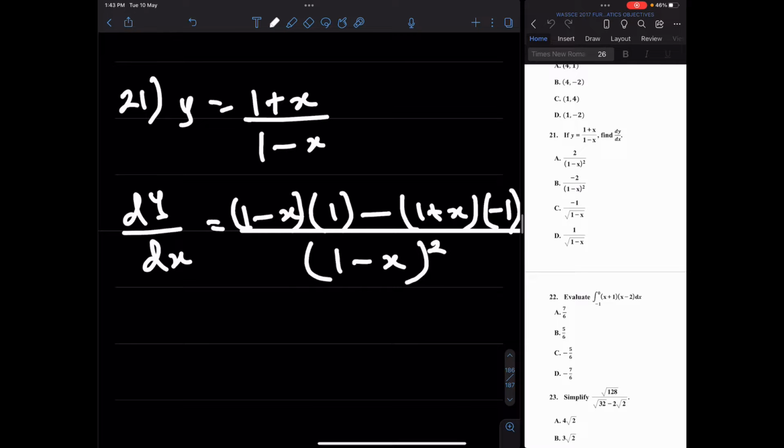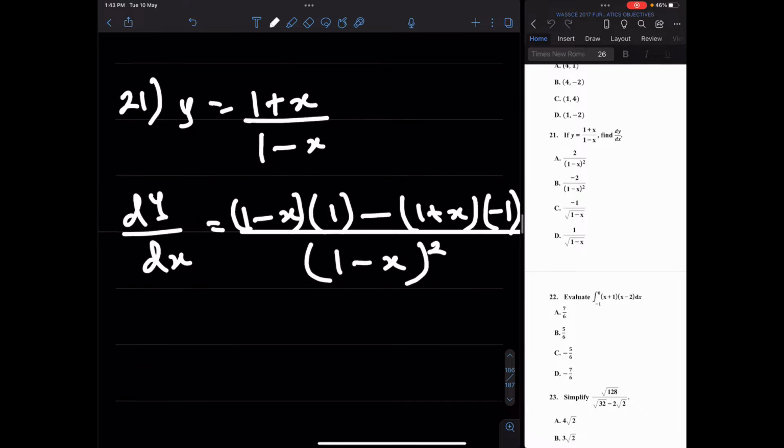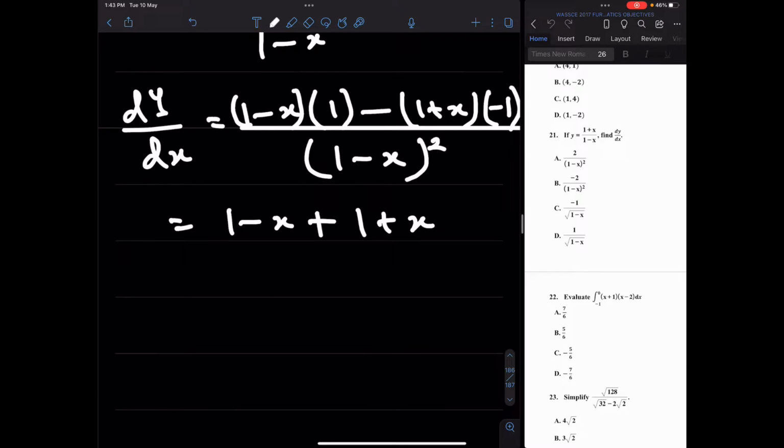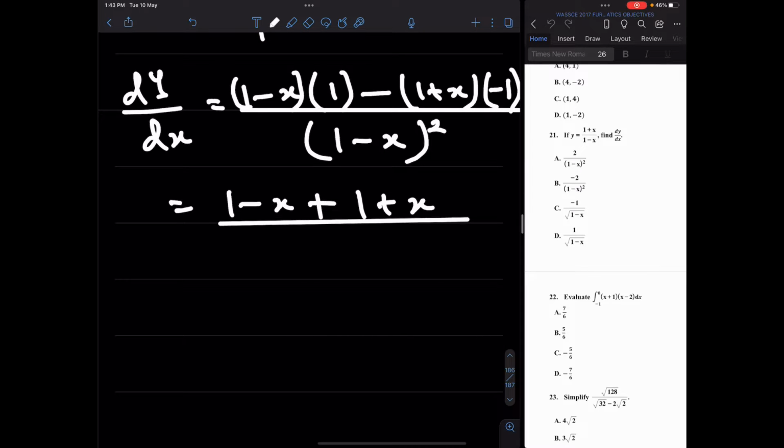That's a simple trick for differentiating a quotient of two functions. Put down the top, the bottom, differentiate the top, minus, put down the top, differentiate the bottom, all over bottom squared. This simply means 1 minus x times 1 is 1 minus x, minus 1 times 1 plus x times minus 1 is going to be plus 1 plus x, all over the square of 1 minus x.